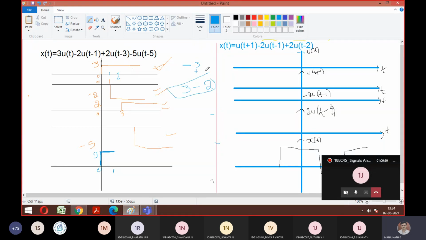I'm talking with respect to this signal; you should check individually at 1, then from 1 to 2 like that. Since it is constant and dipping, preference is given to the dipping, and how far it dips is told by your amplitude. So 3 minus 2 means 1. From here till here it is dipped. That is what we traced. So this is your 1 category.